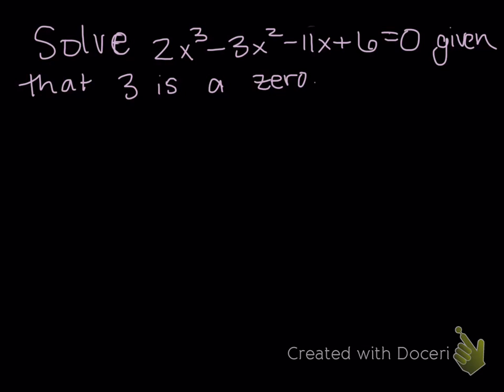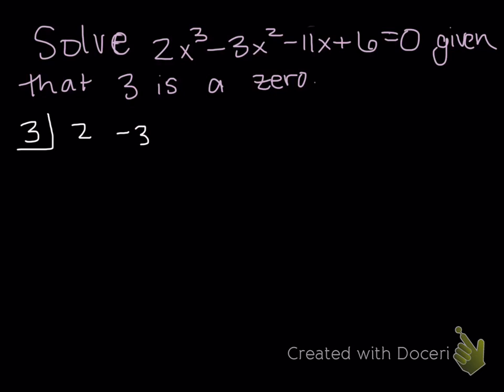So if I were to evaluate this function at 3, I would get 0, which means I'm not going to get a remainder when I divide using synthetic. So notice I didn't change the sign of this either. I'm telling you 3 is a 0. I'm not saying the binomial is x minus 3. I'm saying 3 is a 0. So the sign does not change.